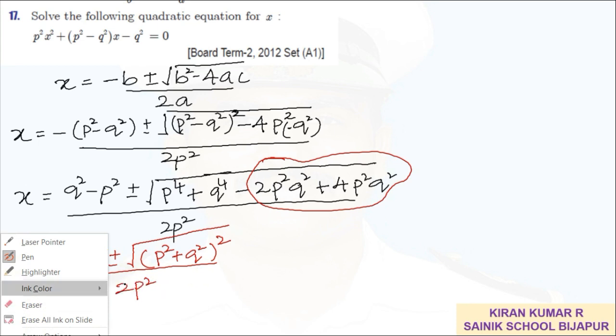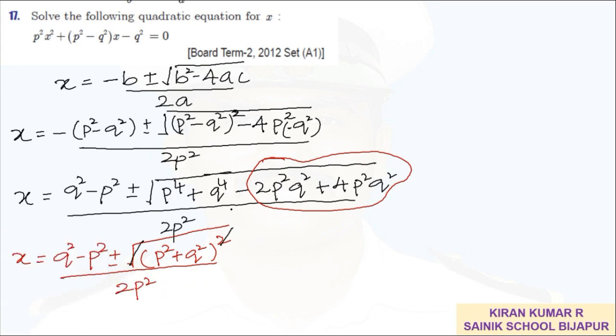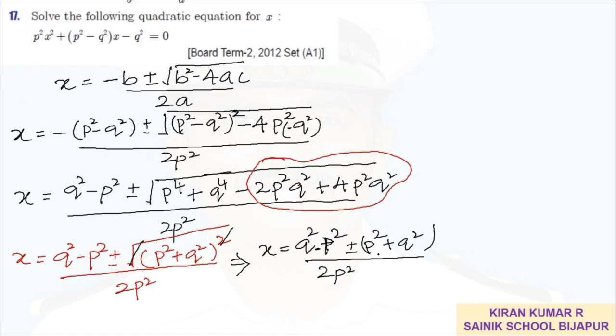Again observe, this square and square root will get cancelled. We get x value as q square minus p square plus or minus p square plus q square. This should be written in the bracket divided by 2p square.